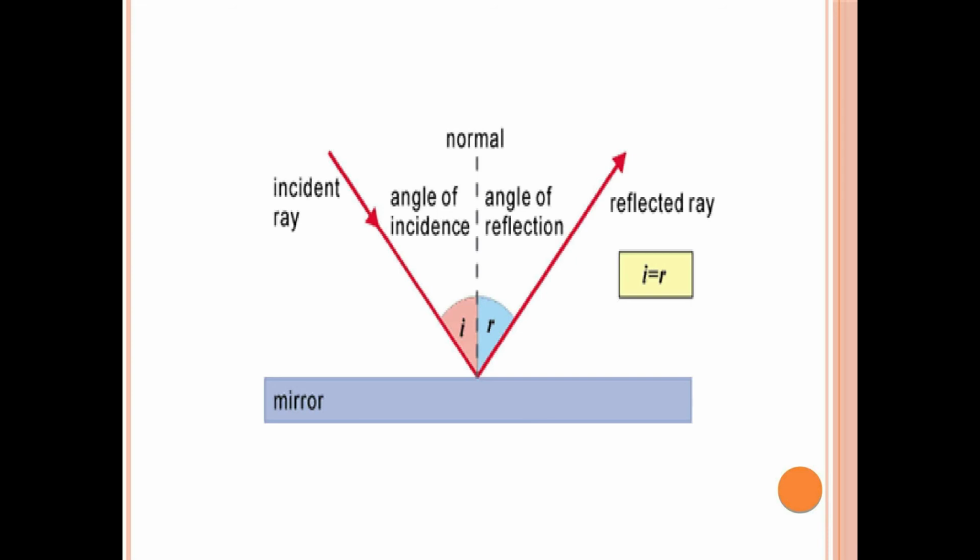The point where the incident ray strikes the mirror is called the point of incidence, and the line which is perpendicular to the surface of the mirror is called the normal. The incident ray, the reflected ray, and the normal all meet at the same point, the point of incidence. The angle of incidence is between the incident ray and normal, and the angle of reflection is between the normal and reflected ray. Clear? So: incident ray, reflected ray, normal, angle of incidence, and angle of reflection.